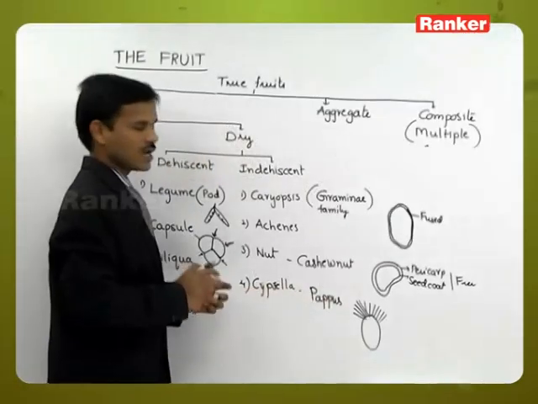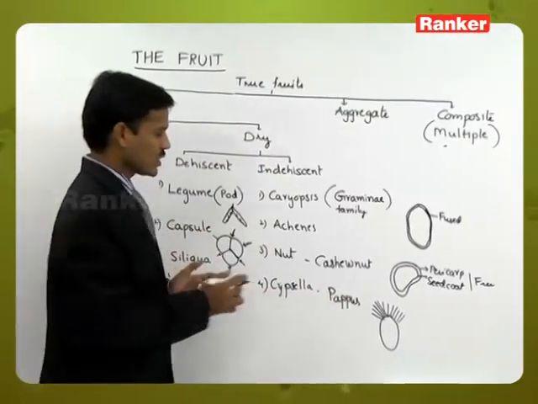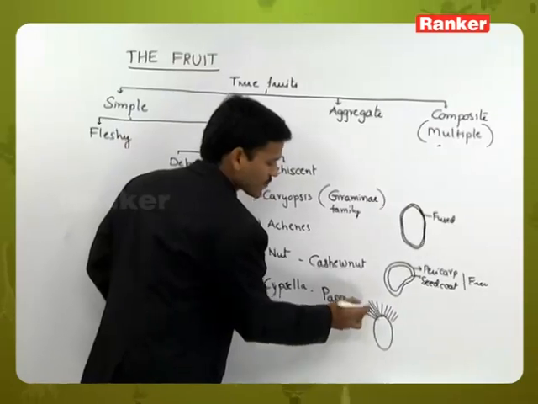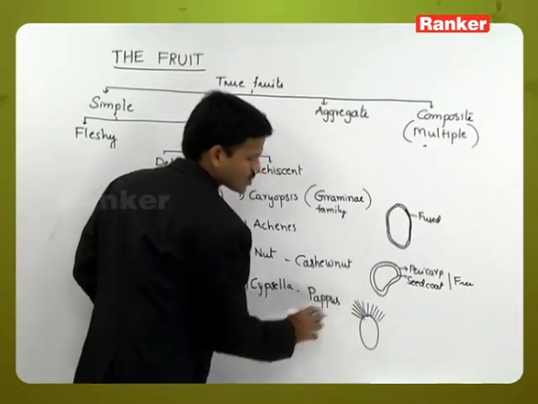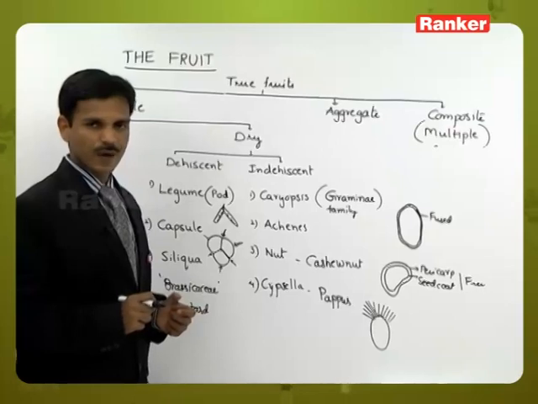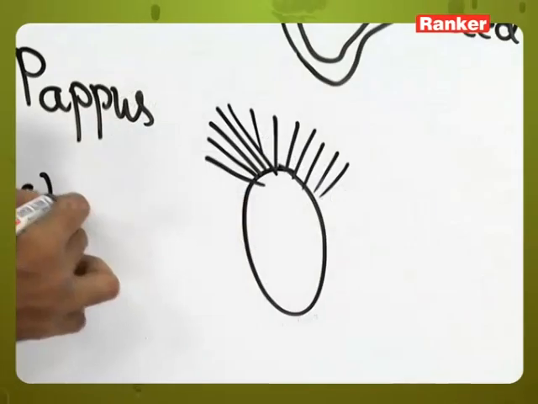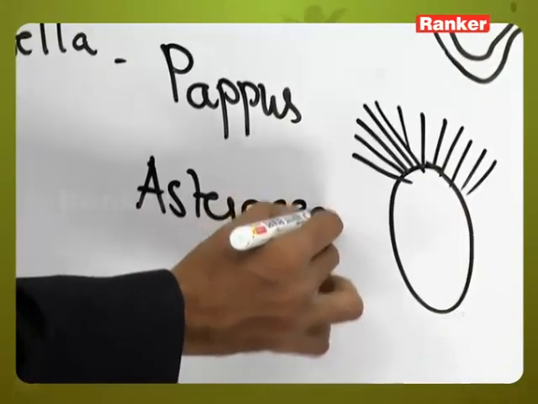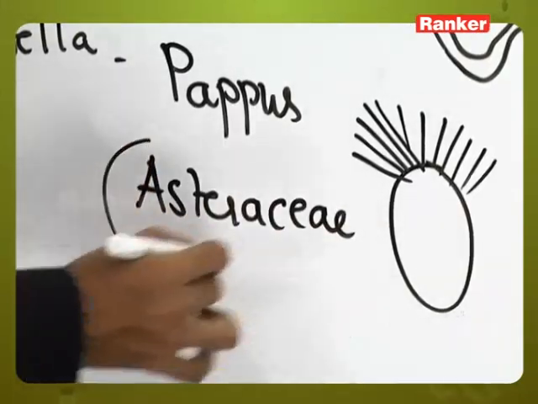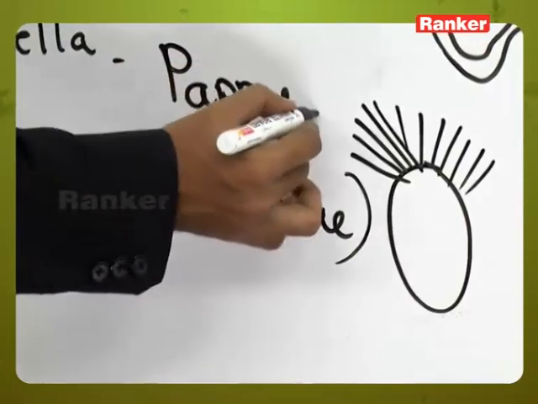After fertilization and after the formation of fruit, the sepals or calyx remain attached to the fruit. This type of fruit is observed in Asteraceae family members, or the sunflower family. So that is the pappus.